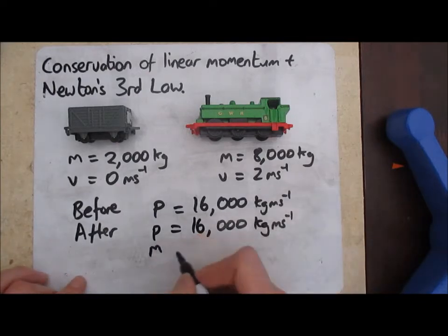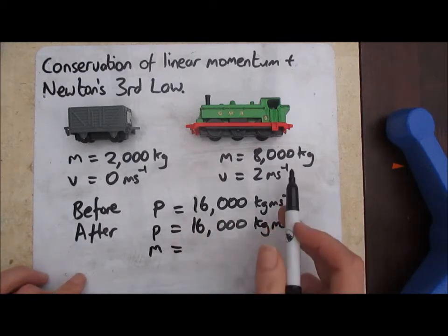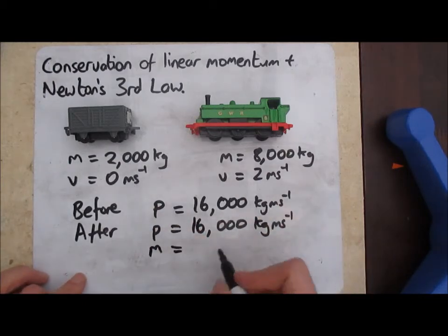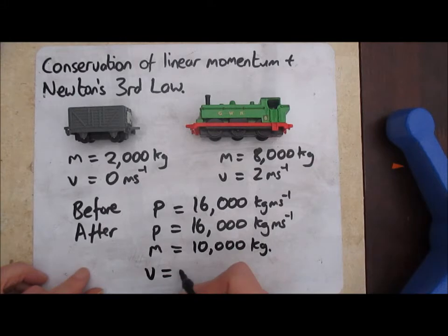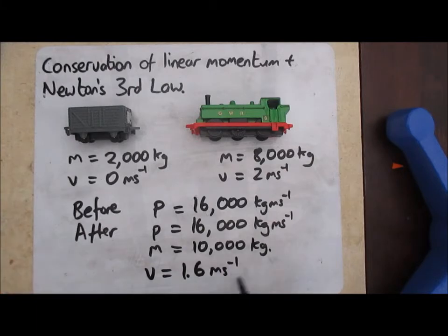But we now know that the mass after the collision is not 8,000 or 2,000, it's those two combined. So the mass afterwards becomes 10,000 kilograms, which means that the new velocity will be 1.6 meters per second. 16,000 momentum divided by the mass of 10,000 gives us a velocity of 1.6 meters per second.